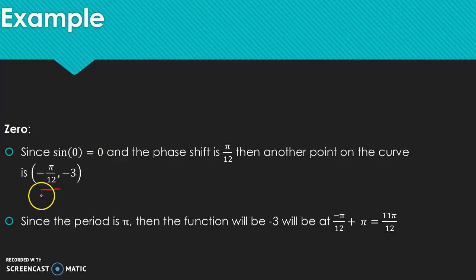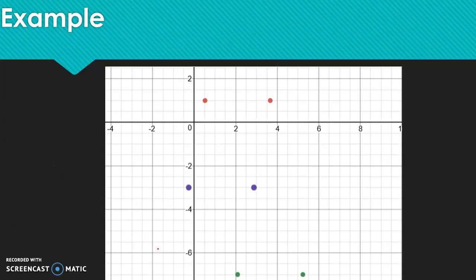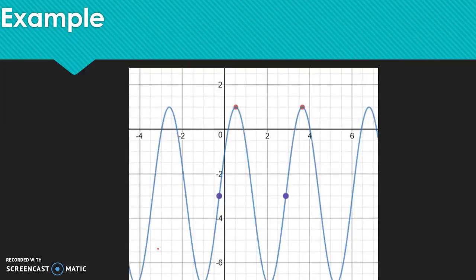So we're going to have a zero at this point here, or that's going to be another point on our curve. And because the period is π, the next point at negative 3 will be at 11π over 12. So we plot those points, and then we can just sketch that graph.